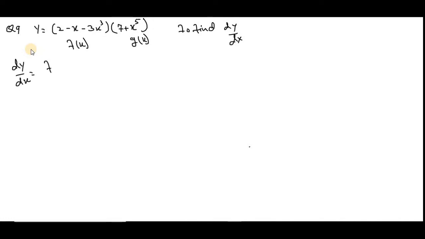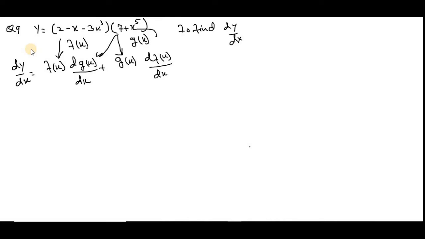So the product rule is dy by dx is equal to first function as it is, then the derivative of second function, plus second function as it is and derivative of first function, divided by dx. Now we will replace the values in f of x, g of x.